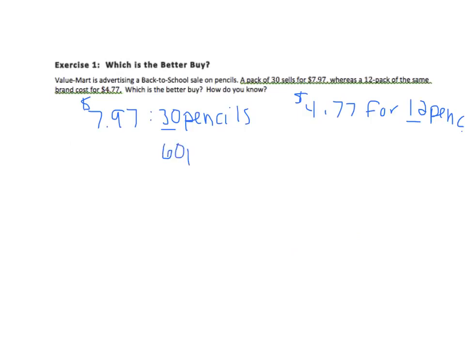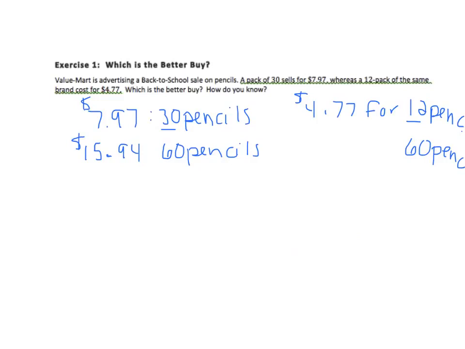So let's figure out how much, if we are buying multiple packs, how many packs we would need to get to 60 and how much that would be. Well, if we were buying the 30 pencil pack, that's only 2 packs that we would need. So $7.97 times 2 is $15.94.